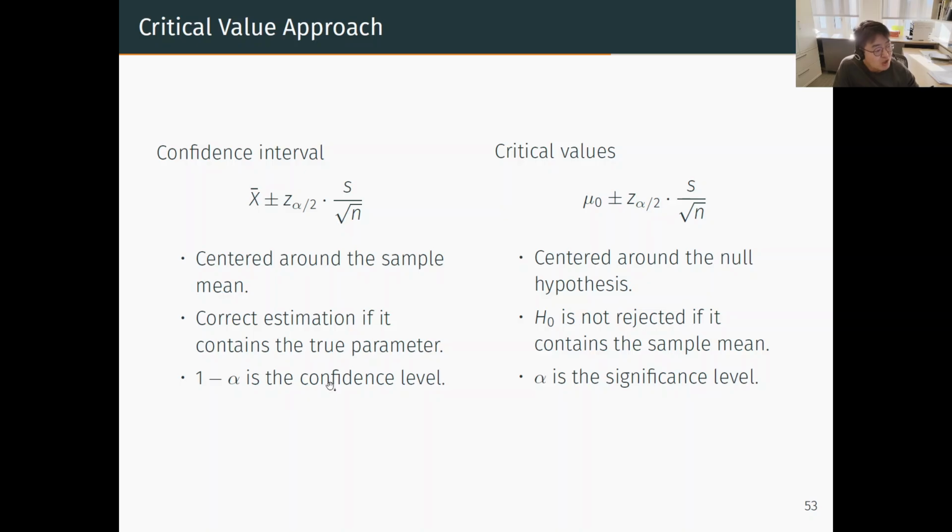However, confidence level is 1 minus alpha. Confidence level is either 90%, 95%, 99%. But in the hypothesis testing, we call alpha the significance level. So significance level is either 1%, 5%, 10%.